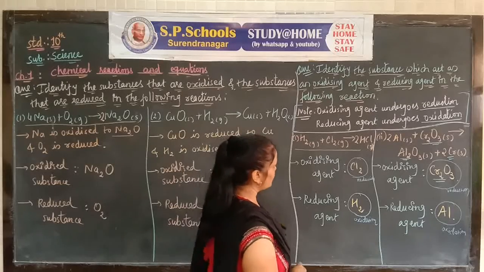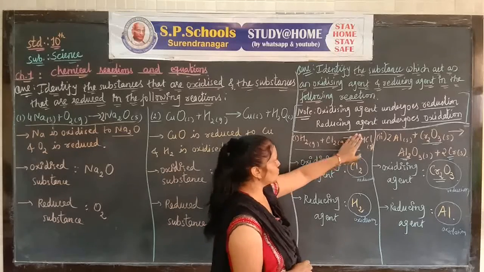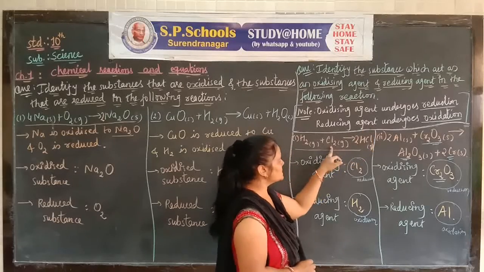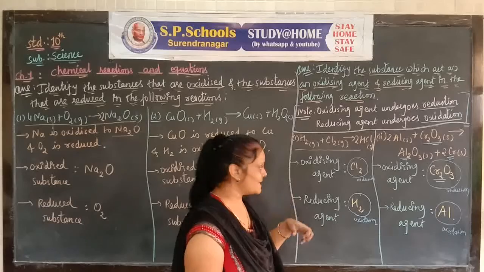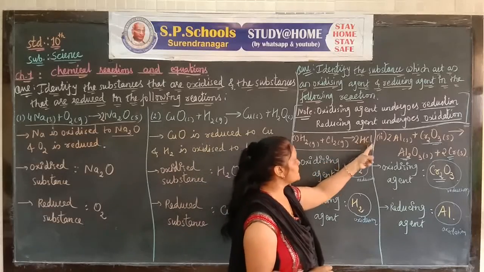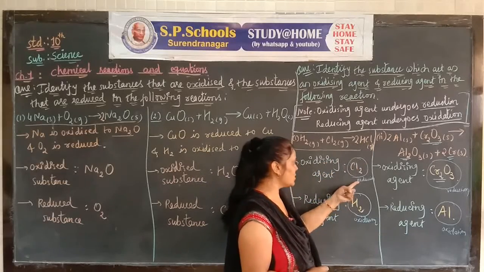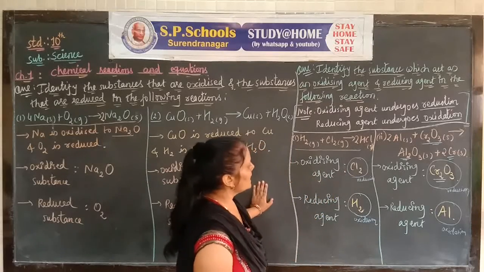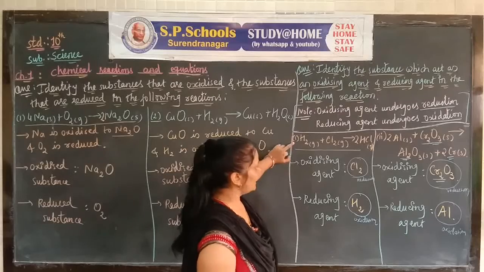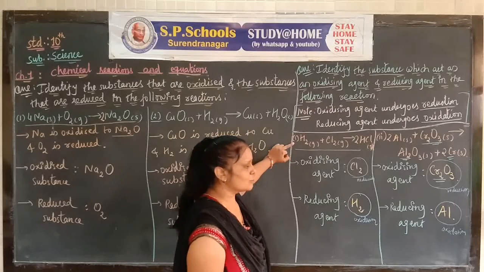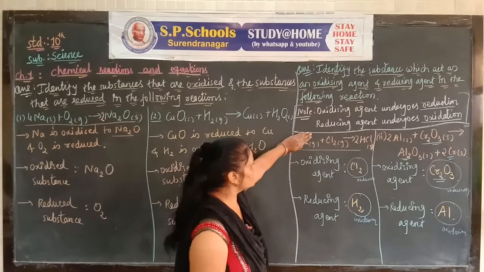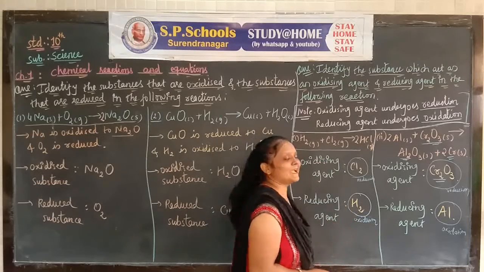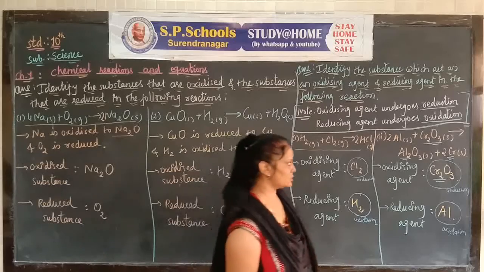Cl2 gains hydrogen to form HCl. The process is reduction, but Cl2 works as the oxidizing agent. H2 loses hydrogen. The process is oxidation, but it works as the reducing agent.